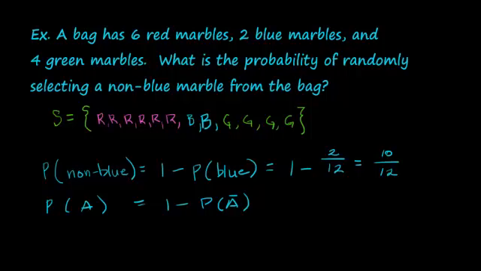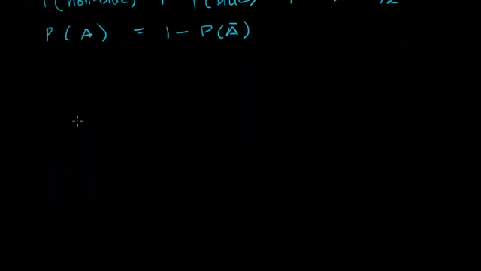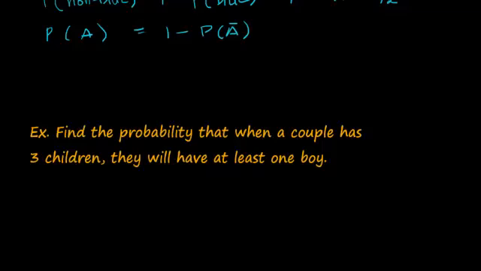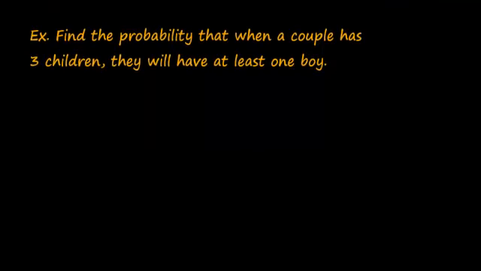Okay, let's look at another example. We talked about the couple having 3 children. Well, this is a different example, but it would have the same sample space, because a couple having 3 children is the same sample space. And then we'll look at this probability of at least one boy. So our sample space here, let's do that again.